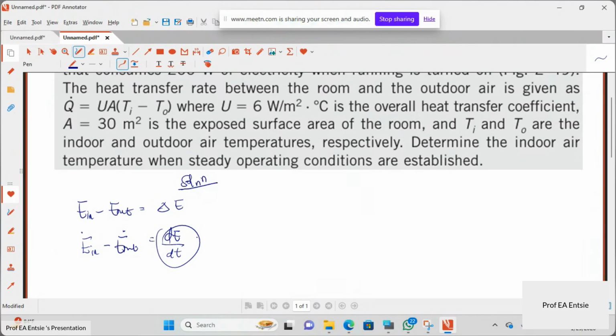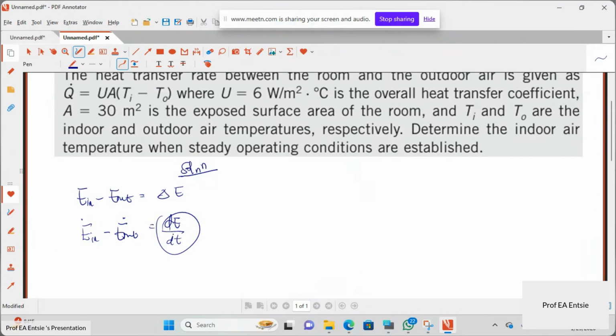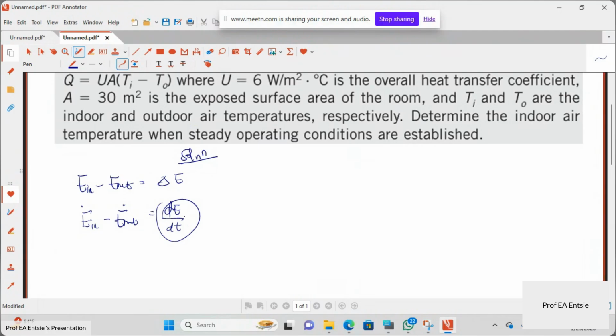When you say something is steady, it means it is stationary. So in as much as we are adding energy input and we are getting energy output from the room, due to the consumption of the electricity by the fan and the heat being lost from the room to the outside air, we are considering the whole room, the system, to be adiabatic or something like an insulator.